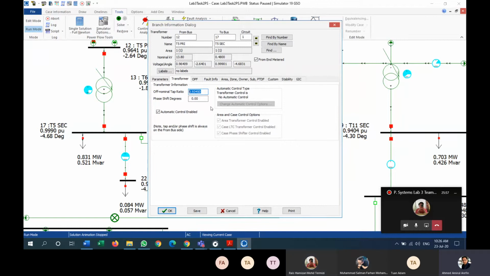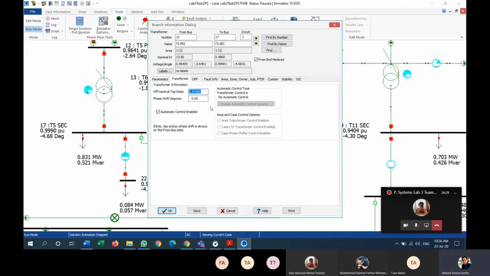It means you have a transformer, primary side and the secondary side. As you know, transformer has two types: step up or step down. So here, if you want to improve the value, you need to decrease the turn ratio.